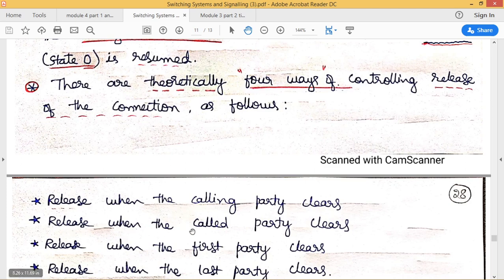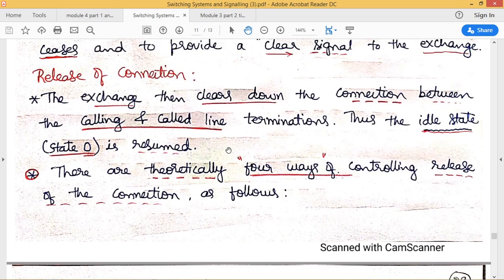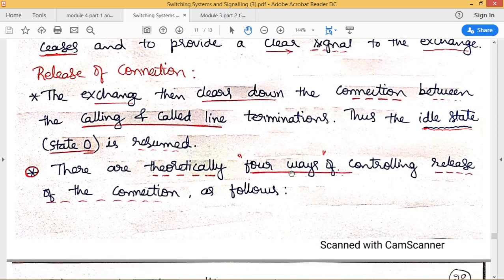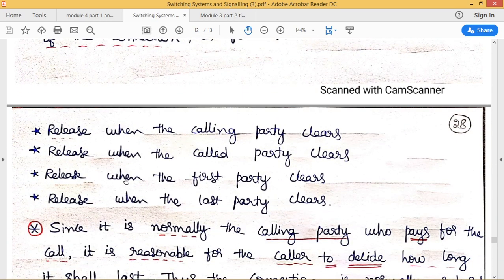Similarly, release when the called party clears. When the called party clears, he goes on hook, the clear signal will be sent to the exchange and the exchange will release the connection. Similarly, release when the first party clears. When I am dealing with a conference call, when the first party, that is the person who is making the first call, goes on hook, clear will be done.